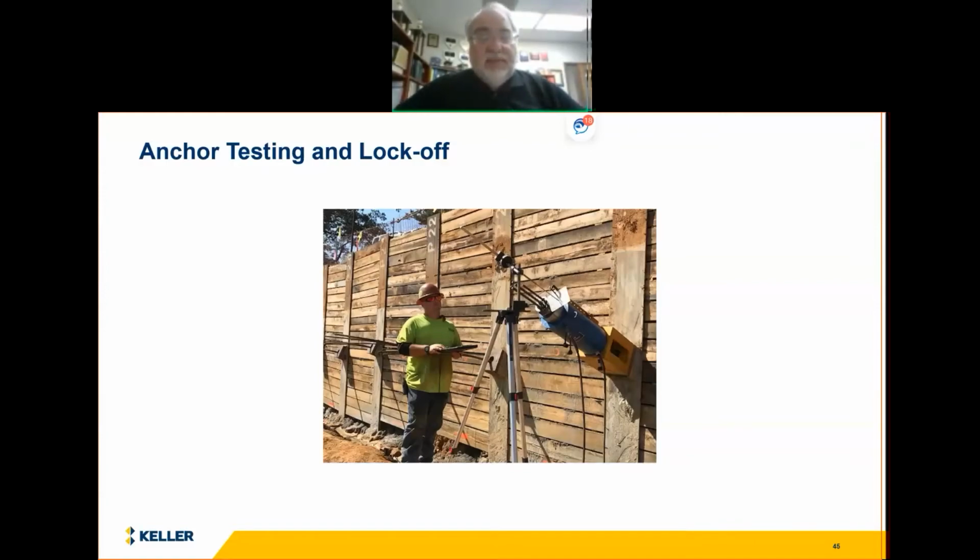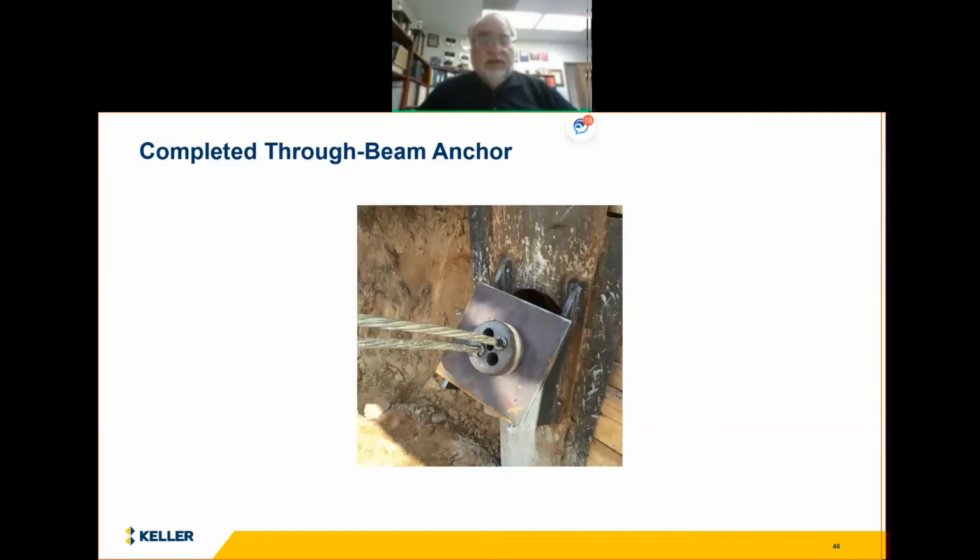We test the anchor typically to 133 to 150% of their design load, and then take them back and lock them off, typically at somewhere around design. So every anchor, every tieback anchor is tested. This is just a close-up view of that through the beam anchor with the bearing plate and anchor head. You can see the wedges here that grip the strands.